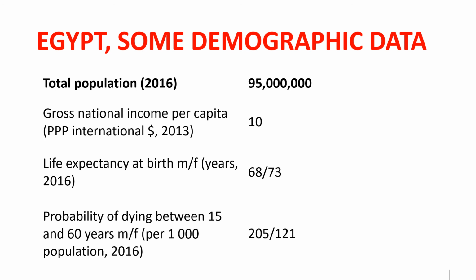Life expectancy at birth, male-female ratio, 68 for males, 73 for females. Probability of dying between 15 and 60 years, male-female. Among males it is 205, and among females it is 121.